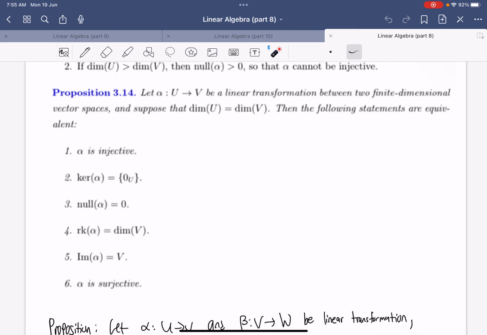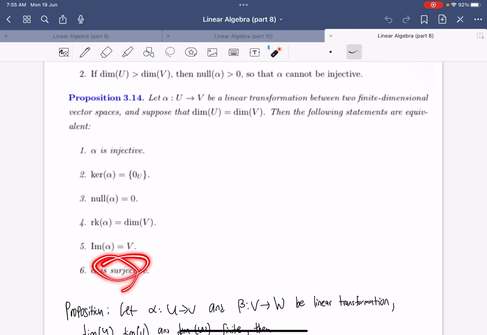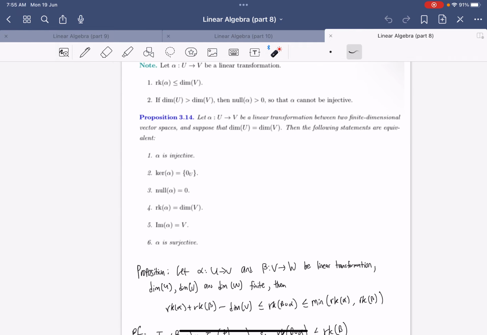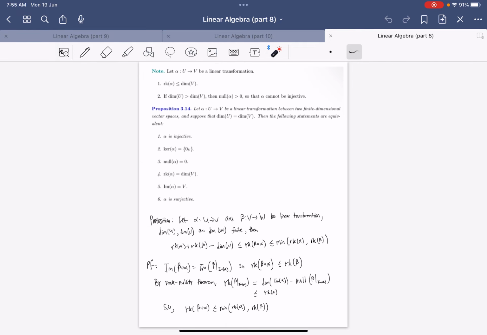What you really need to show is that surjectivity implies injectivity, which can be shown easily from the basic knowledge of functions when their dimensions are equal, which is like saying that their cardinality is the same. I'll leave it to you to read on your own how to prove that part.